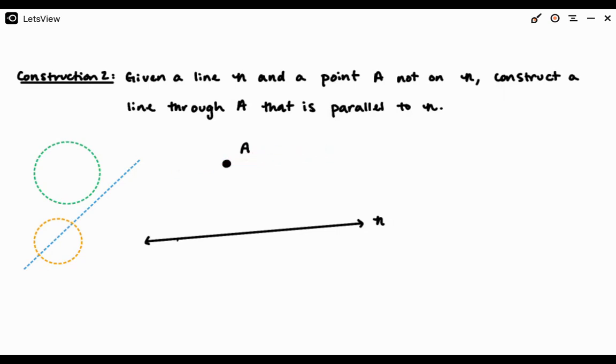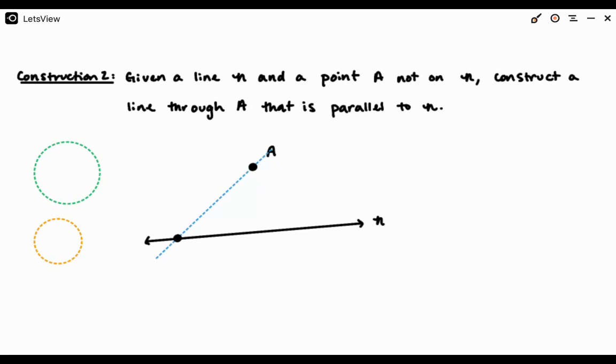Basically the idea is, let's put a point on our line N, and then let's draw the line through that point and A. I think A needs to be over here for this to work. Okay.